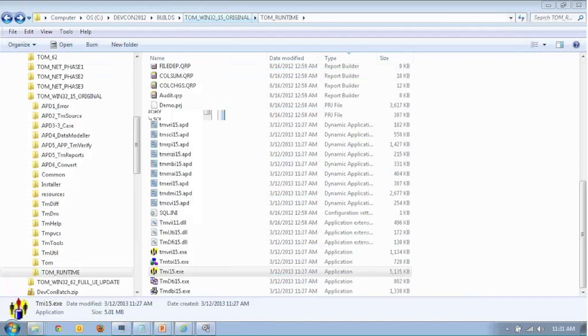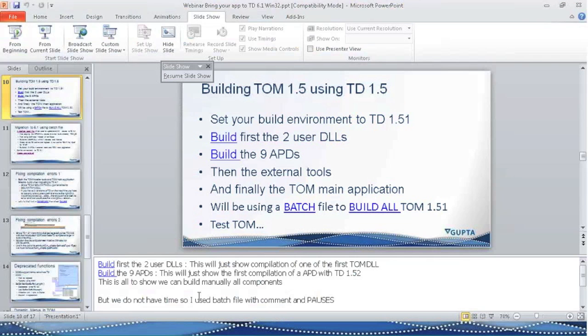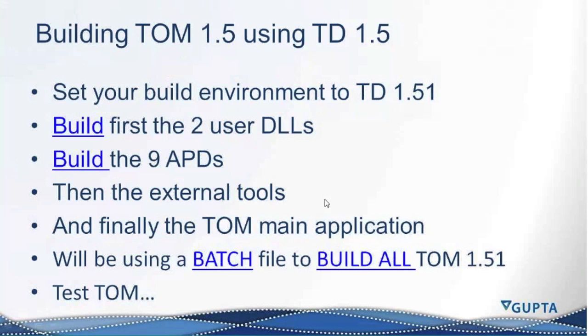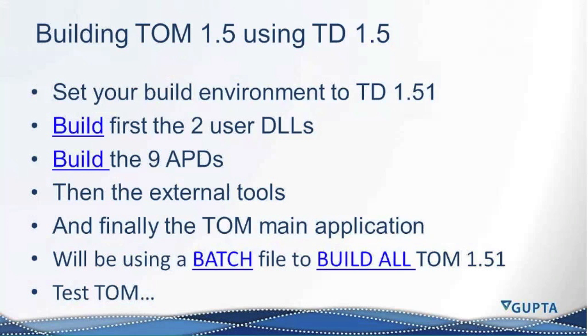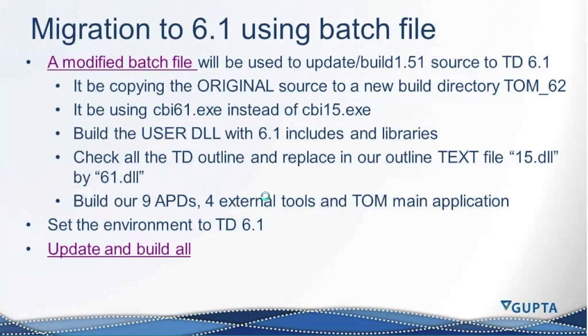So let's keep moving on with the webinar. Basically we built all our apps. You saw that it compiled and everything. We can do the testing of Tom, but unfortunately I don't know why I can't connect right now to the database. The next step is migration to 6.1 using the batch file.